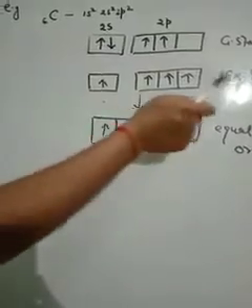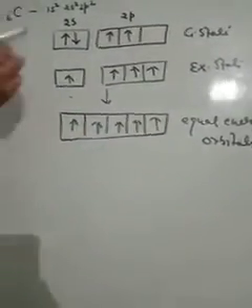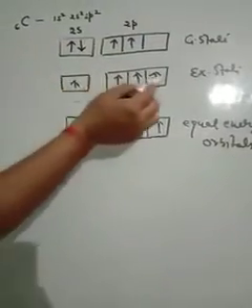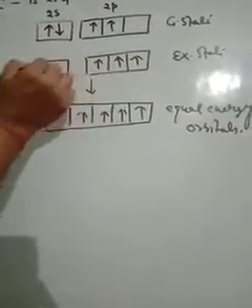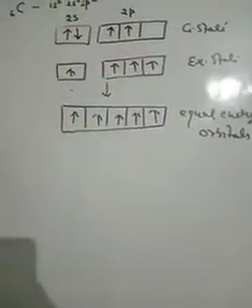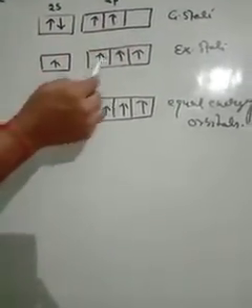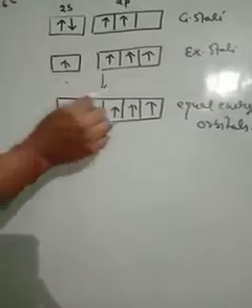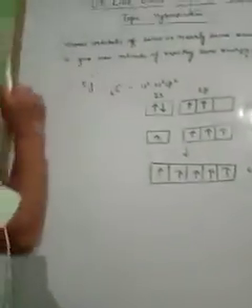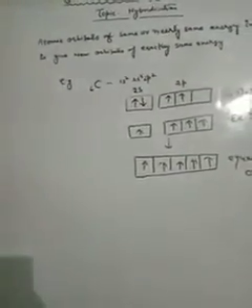In excited state, what happens? One electron shifts from 2s to 2p. In this way, each suborbital contains one electron. If we compare, all have equal energy, and these equal energy orbitals we call hybrid atomic orbitals.